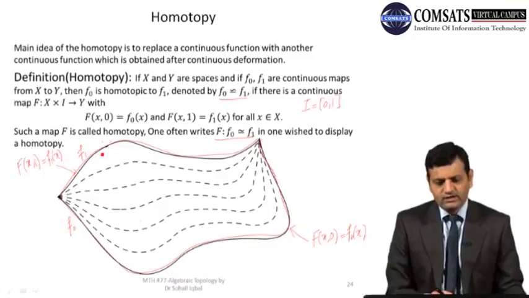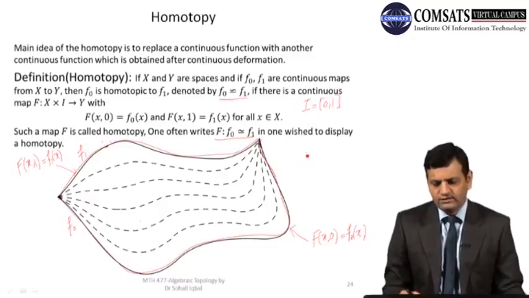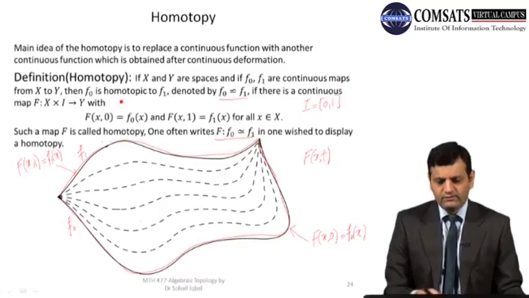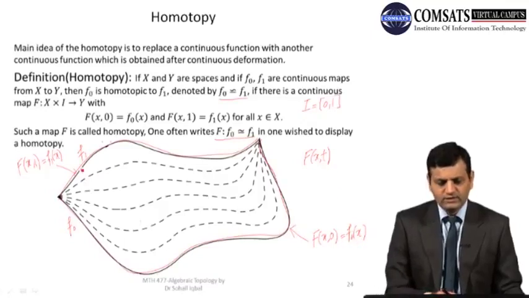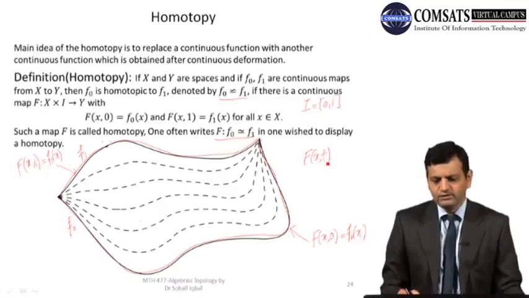If we consider this F of x, t, and it is a homotopy from f0 to f1, then when I take t equal to 0, I should get f0, and if I take t equal to 1, then I should get f1. So consider this t as time.